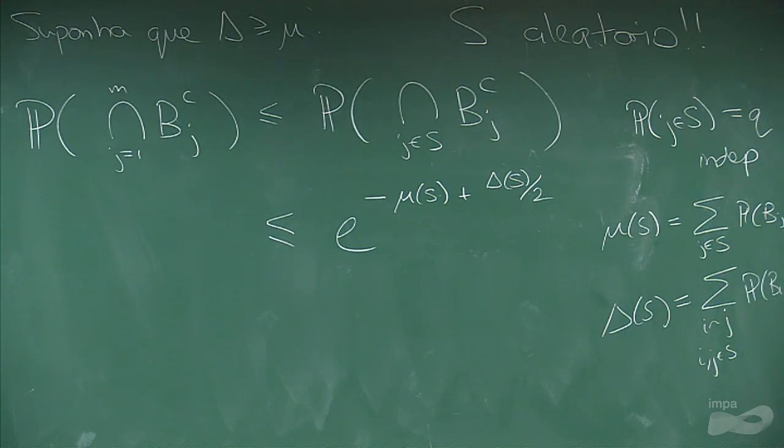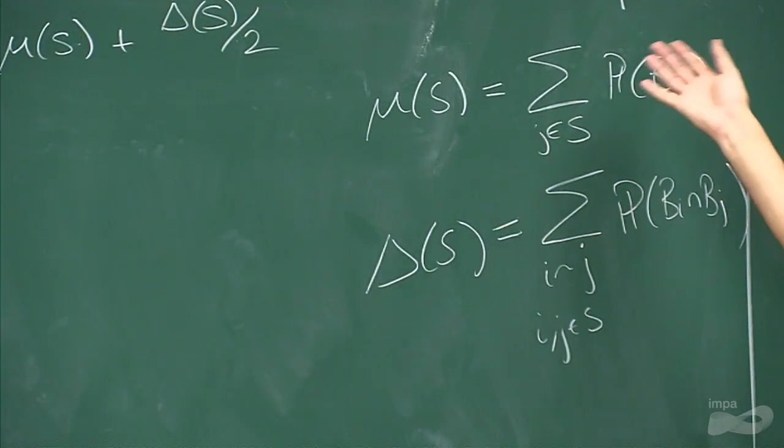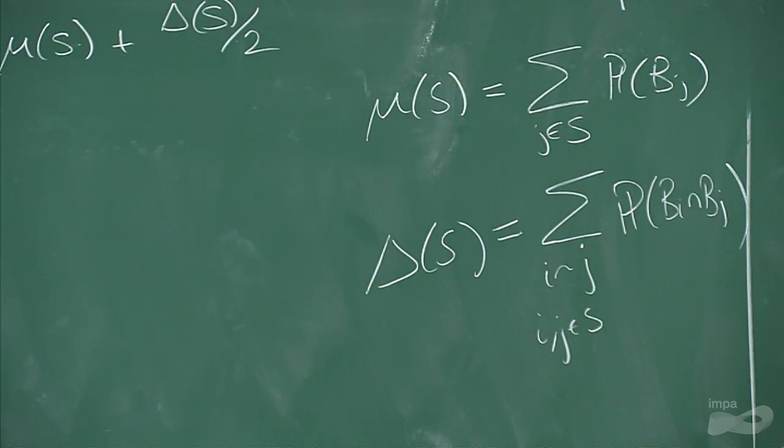So what is mu of S? We don't know, it's something random. So how are we going to pick this S?